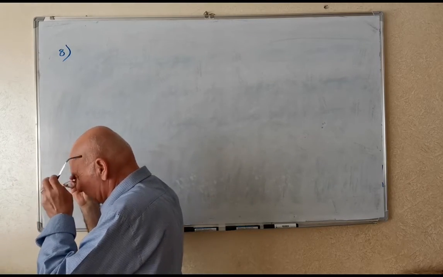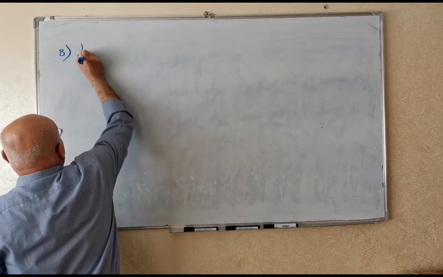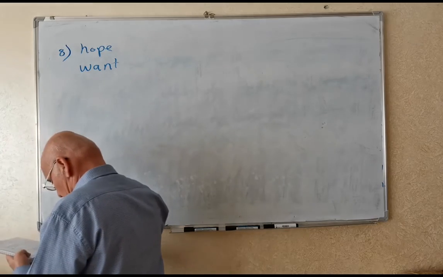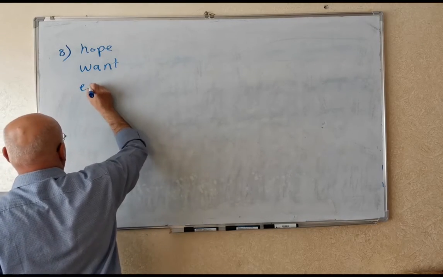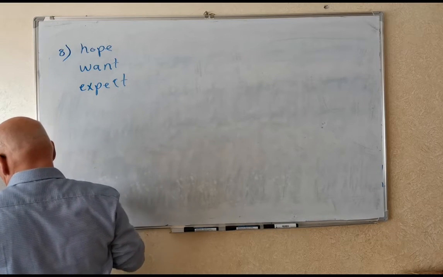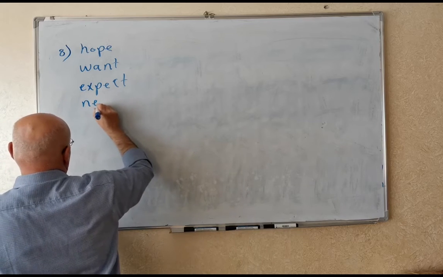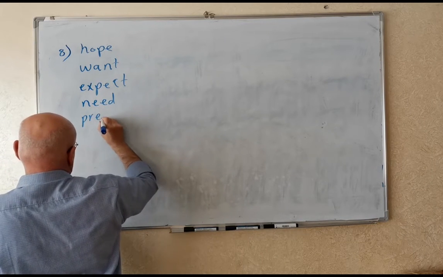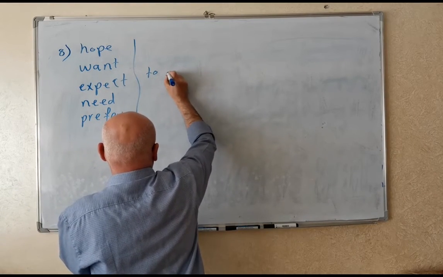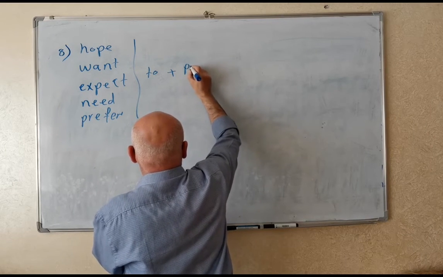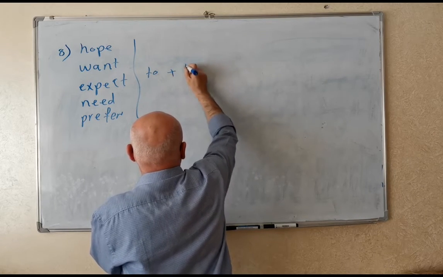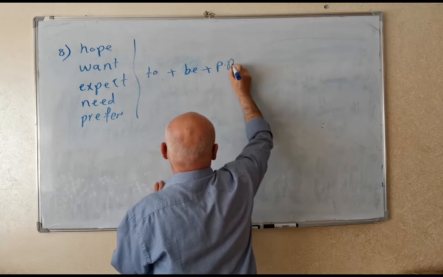These verbs are hope, want, expect, need and prefer. They are followed by to be plus past participle.